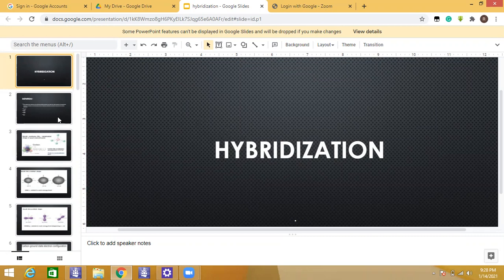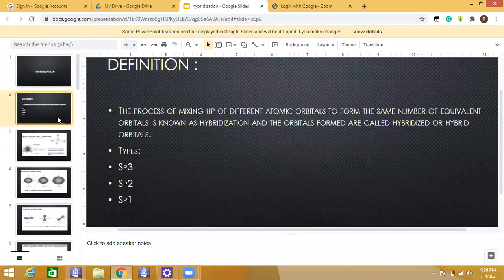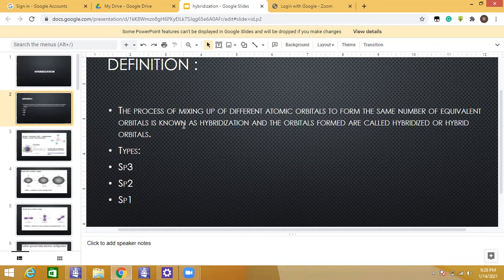Hybridization. The process of mixing up of different atomic orbitals to form the same number of equivalent orbitals having the same energy and shape is known as hybridization.